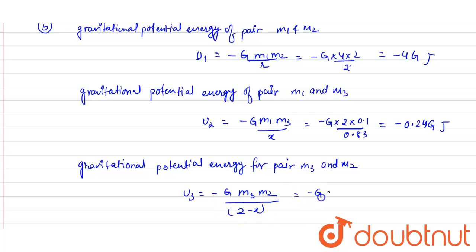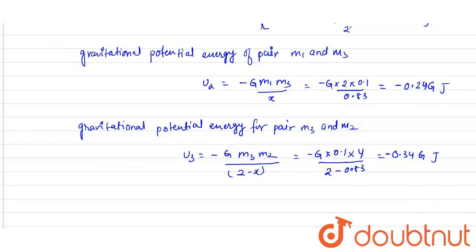So it will be G into M3 is 0.1 and M2 is 4 upon 2 minus 0.83. So it will come as minus 0.34 G joules.